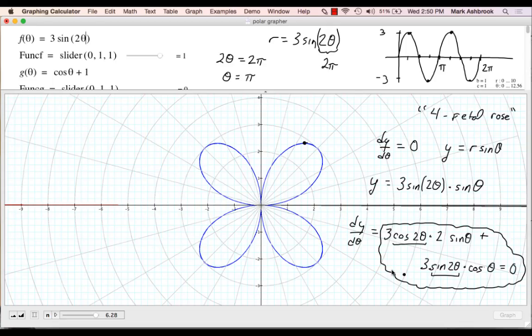But we have some significant algebra to do to solve this. So we need identities and algebra to solve that. And then we're going to get theta equals something in the first quadrant, something greater than pi over 4 that's going to satisfy this equation. And that will be the theta corresponding to that point where y tops off, where y is the highest.